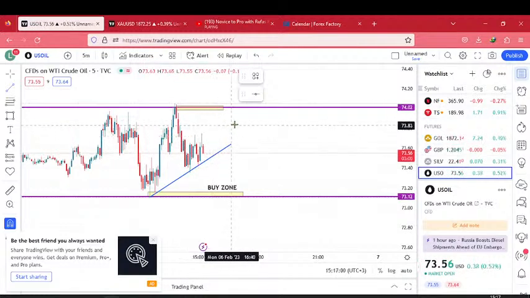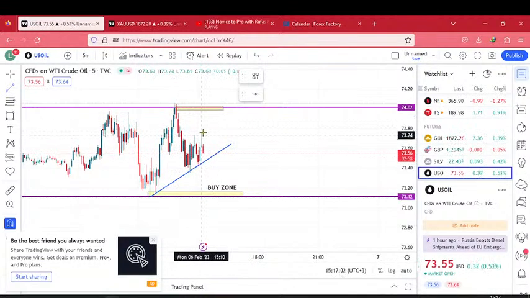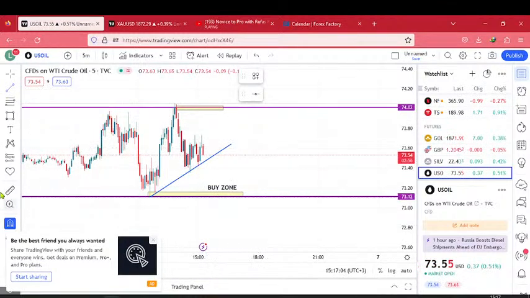Pending orders: buy limit, sell limit, buy stop, sell stop, buy stop limit, sell stop limit. So we don't have the OCO. For those who are new to this, OCO is short for one cancels the other, where you can have two potential trading entries, and if one is executed, then the other one is cancelled.